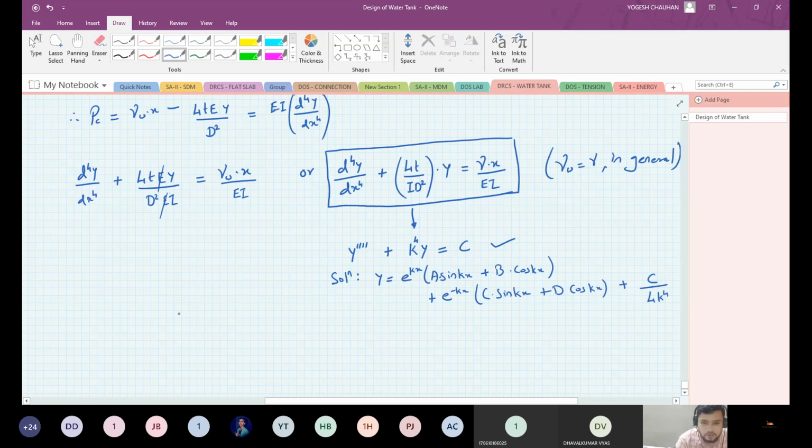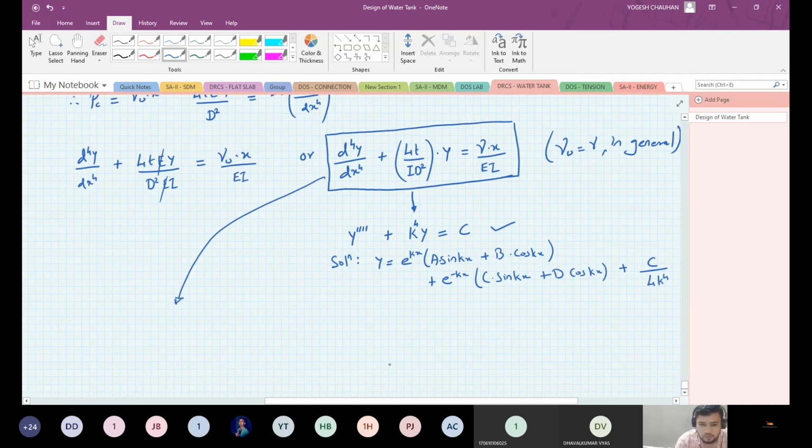So let us take 4t by I d square equal to k to the power 4. If you take this, then this expression is analogous to this standard differential equation, and we can have the solution in this form.